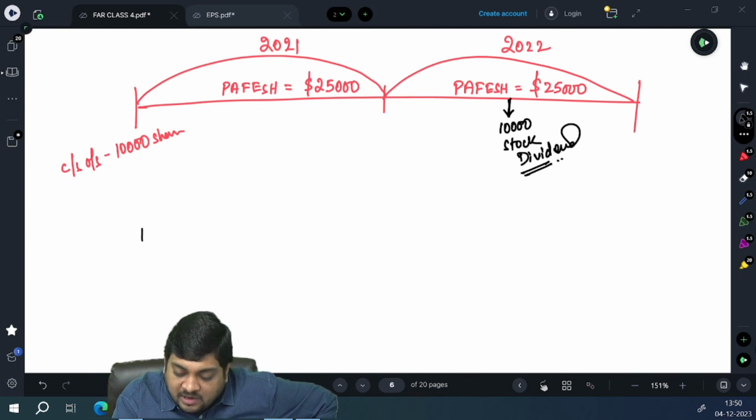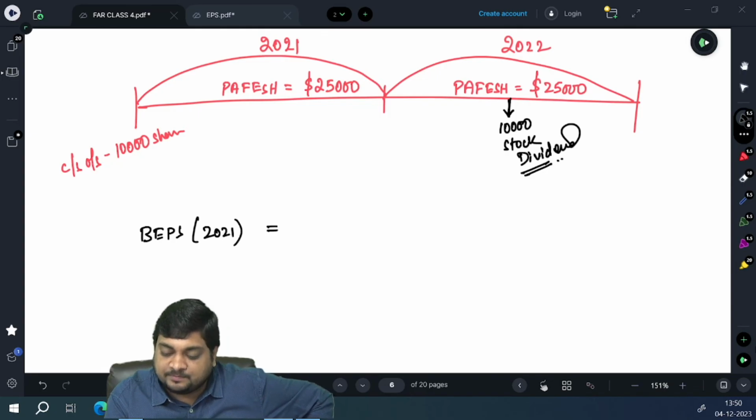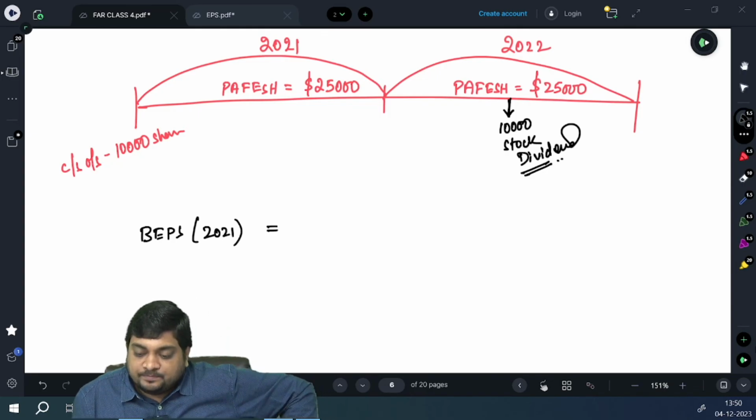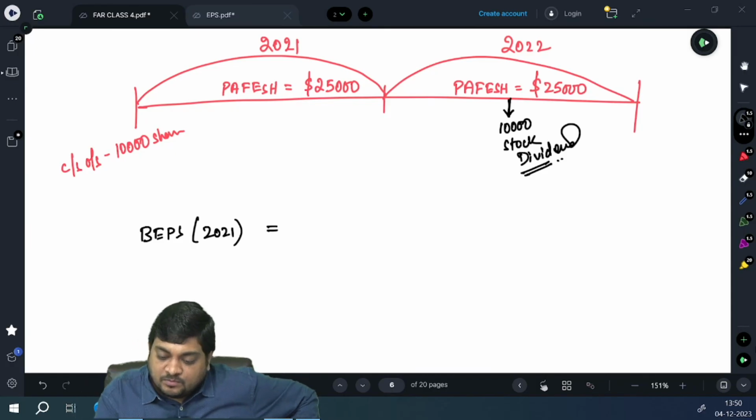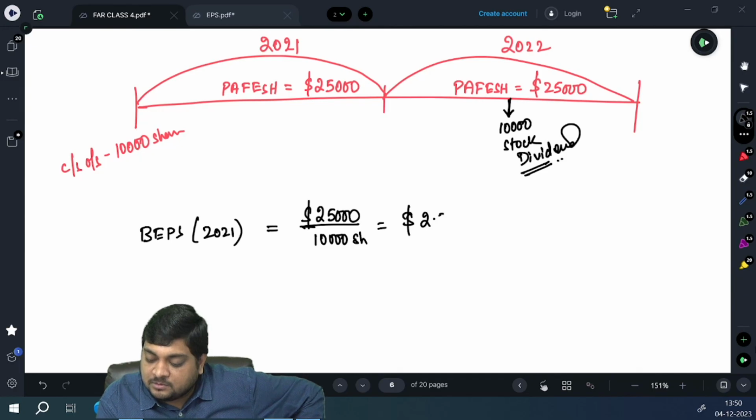Now when you are calculating BEPS for 2021, so you are going to do 25,000 by 10,000 shares, that comes to $2.5 per share.